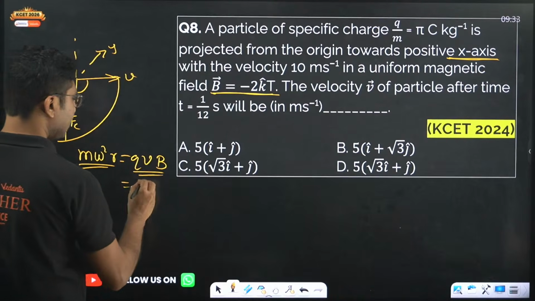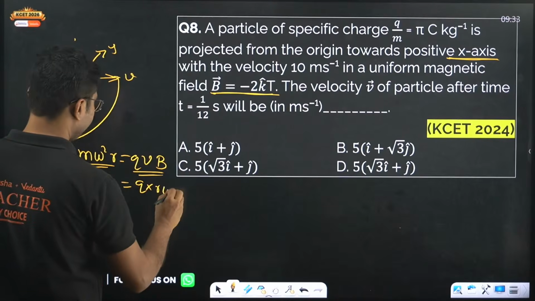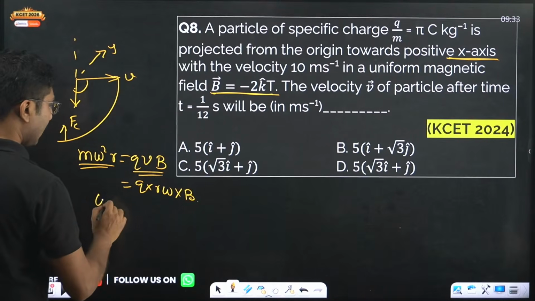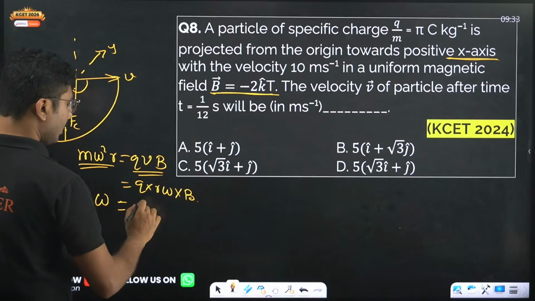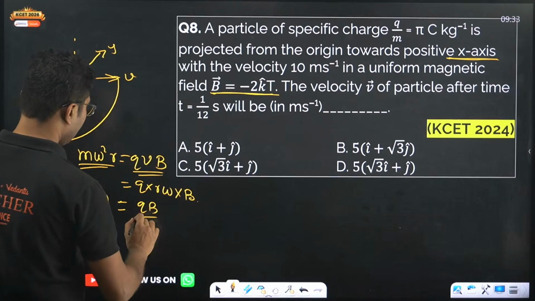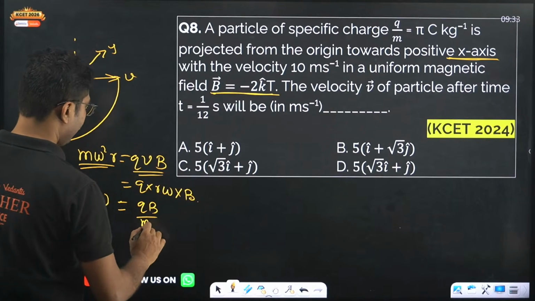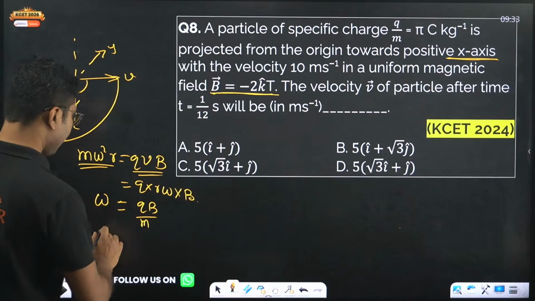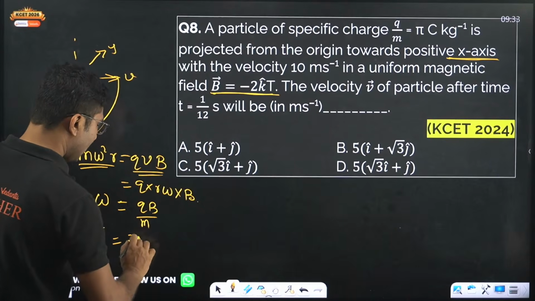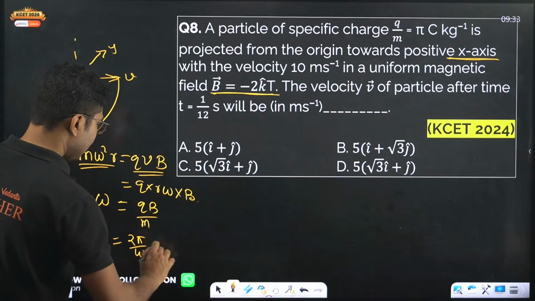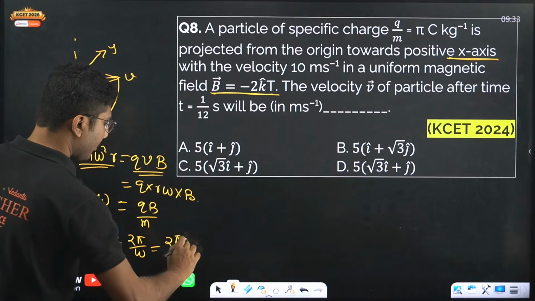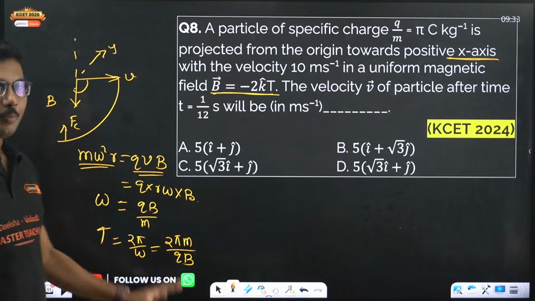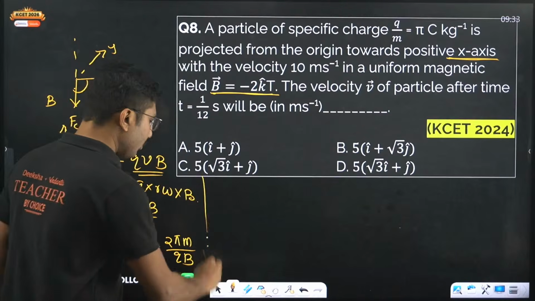And v is r omega, so m omega square r equals q into r omega into B. So we get omega equals qB upon m. qB by m is the angular frequency. So time period will be 2 pi by omega, that is 2 pi m by qB. This is the time period formula: 2 pi m by qB.